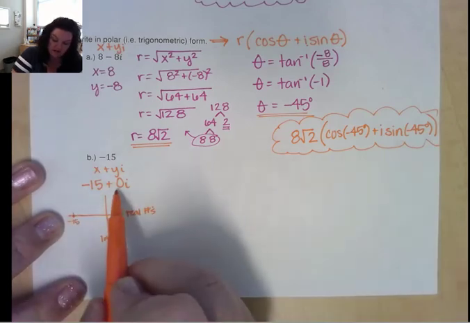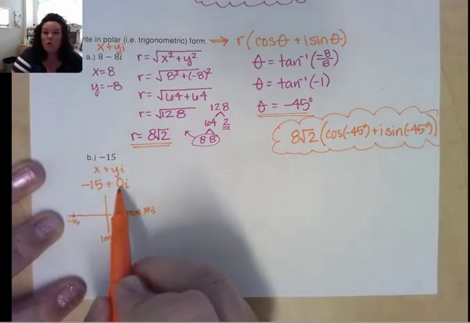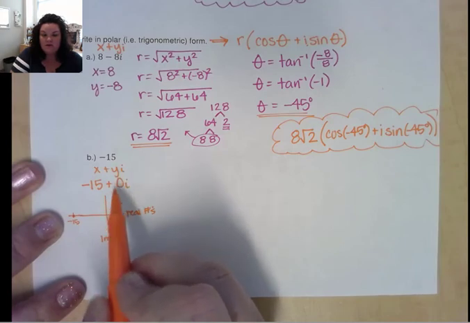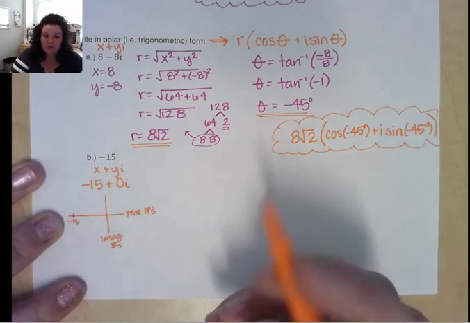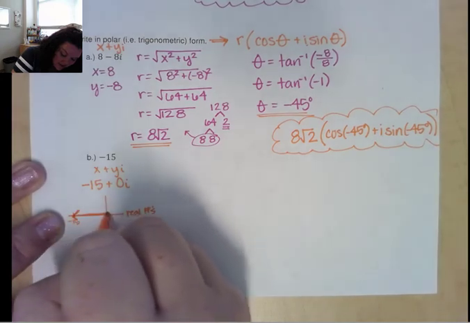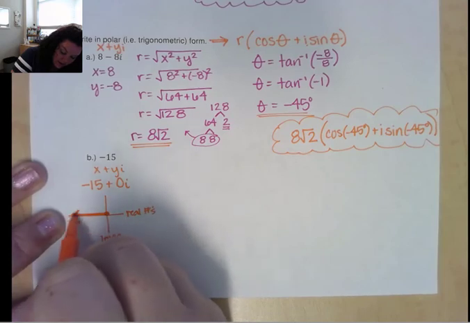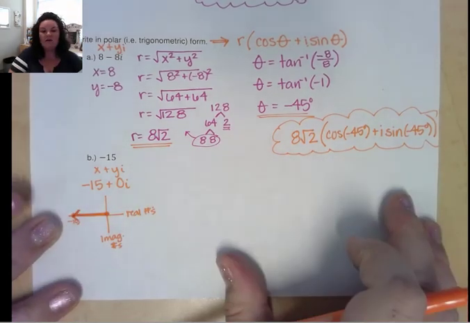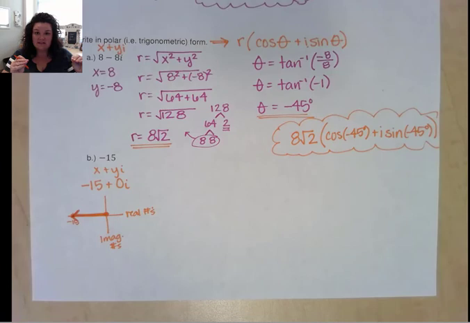And then on my y-axis, I'm not going up or down, because there's no imaginary part. So this is where my vector would be. I'd start at 0, 0, and it would just go out to negative 15 on my real number axis. Does that make sense?